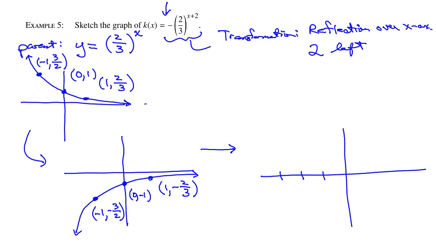So 1 comma negative 2/3 shifts back 2 to where it is negative 1 comma negative 2/3. 0 negative 1 shifts to negative 2 comma negative 1. And negative 1 comma negative 3/2 shifts to negative 3 comma negative 3/2.